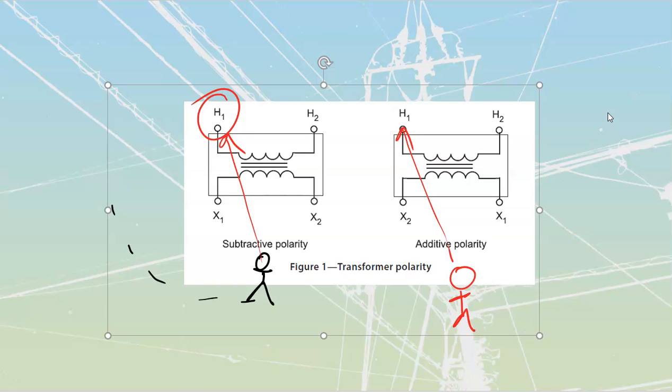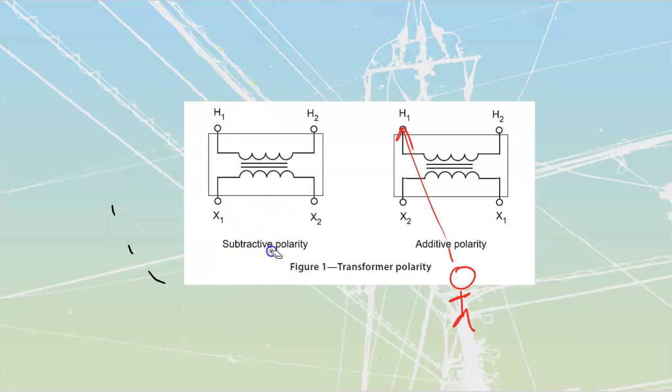Let's start with additive versus subtractive polarity. We have two main types of transformers, additive and subtractive types of transformers. You'll note that the high voltage side, H1, is always a constant. I see that from my H1, I go across to the opposite side of that winding, which is going to be my H2.